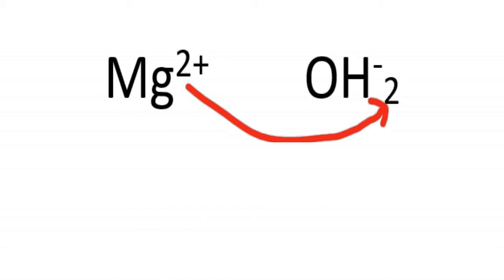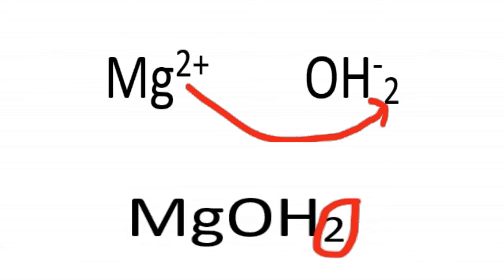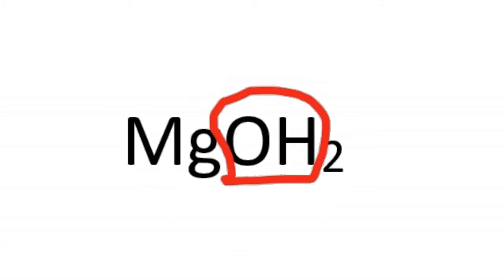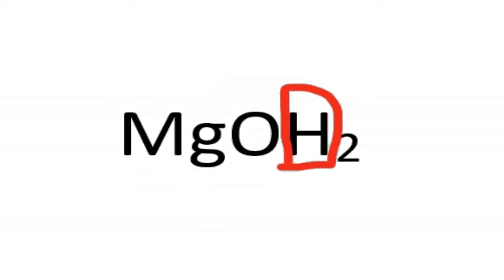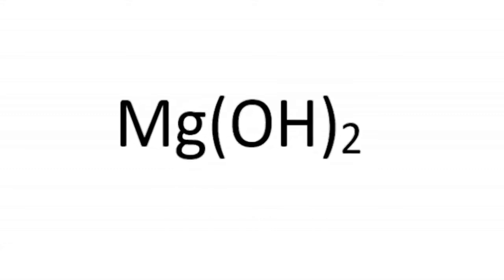We are almost done, but 2 is somewhat confusing as to what does it go. Is it to the whole hydroxide or just the hydrogen? So we need to put parentheses to show that we have 2 hydroxide ions. So the chemical formula of magnesium hydroxide is Mg(OH)2.